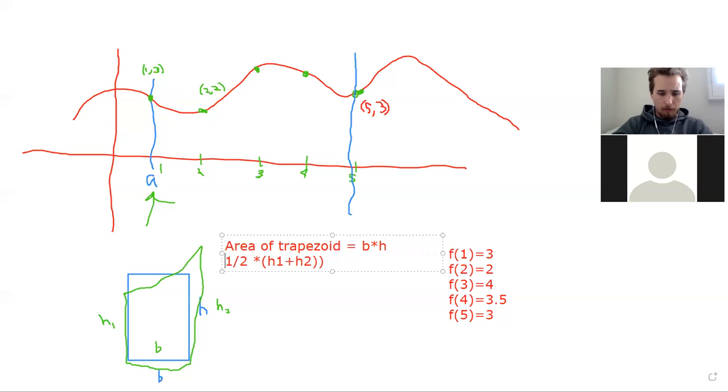Actually, let me make this simple. Because we don't have one height, we have to take the average of the 2 heights. And when you take the average of the 2 heights, we make it, in essence, become a rectangle.